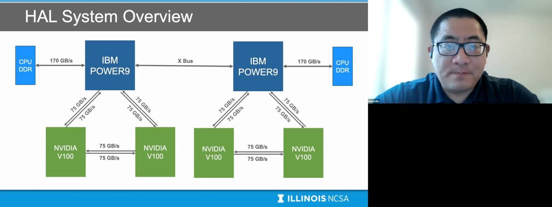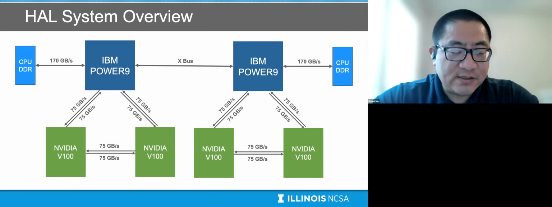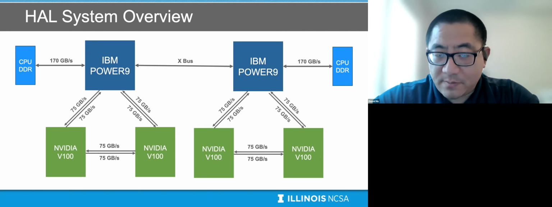Our system is very much like the previous world number 1 system from Oak Ridge National Lab called Summit. Summit has 6 GPUs per node, which brings their CPU-GPU interconnection speed down to 50 gigabytes per second.